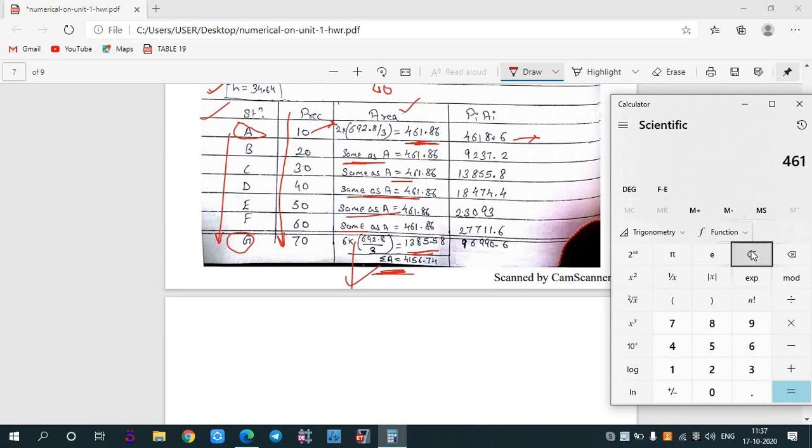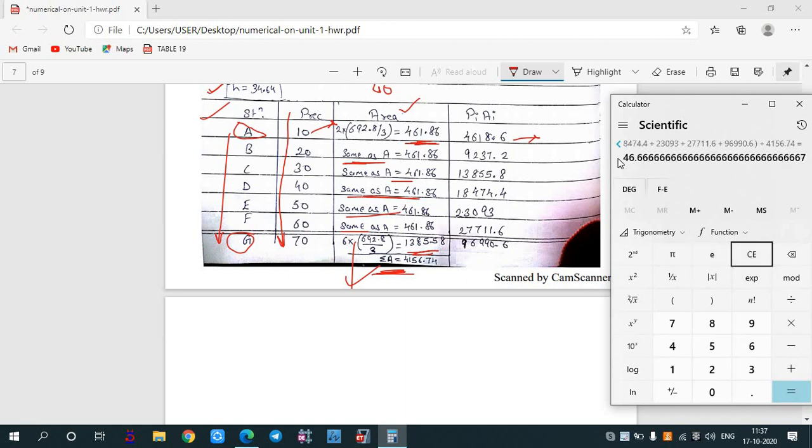461.86 plus 9237.2 plus 1385.8 plus 18474.4 plus 2393 plus 27711.6 plus 9699.06, divided by 4156.74.